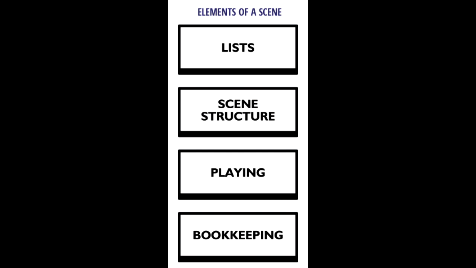Then you have playing, the content of a scene, everything that happens and what your player characters do in response. This is where the adventure takes place. Then we have bookkeeping. This is about updating lists and the chaos factor, usually at the end of a scene. If you are recording your adventure in some way, this is also a good time to update that record.